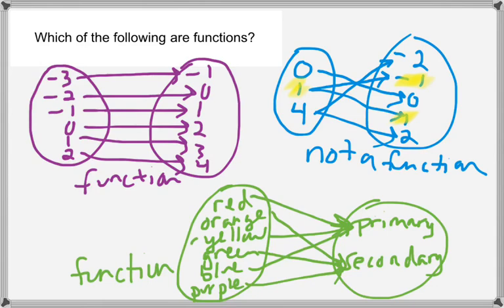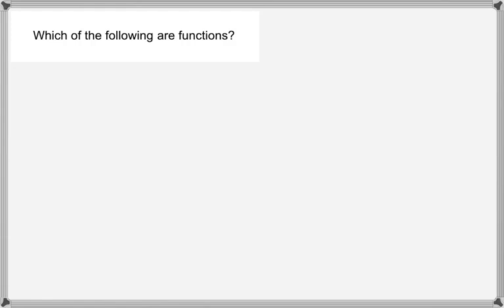So besides mapping notation, we can use a set of points to determine a relation. So let's say we have this relation.